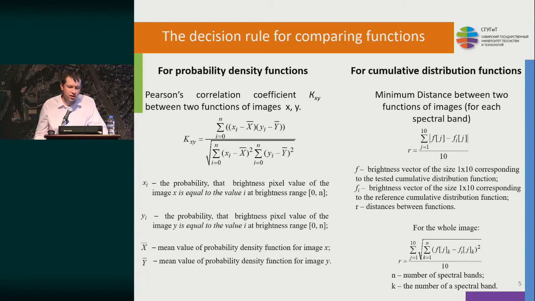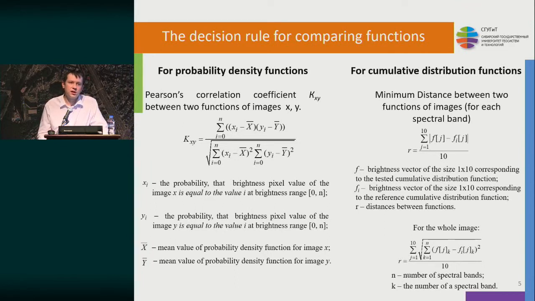Here we apply Pearson coefficient, and in the second minimum distance approach. The entire function needs to be divided into 10 intervals, and then we measure distance from one function to another on a scale of 1 to 10.